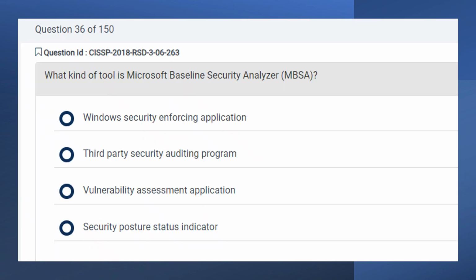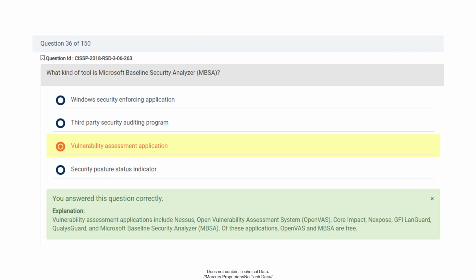Question 36. What kind of tool is Microsoft Baseline Security Analyzer or MBSA? MBSA is a vulnerability assessment application.